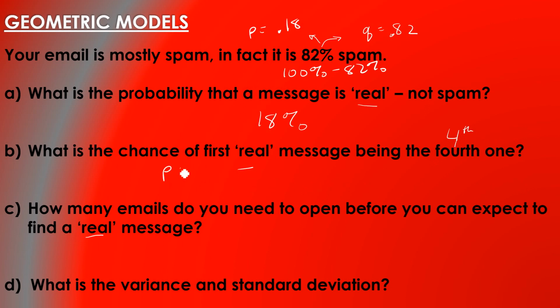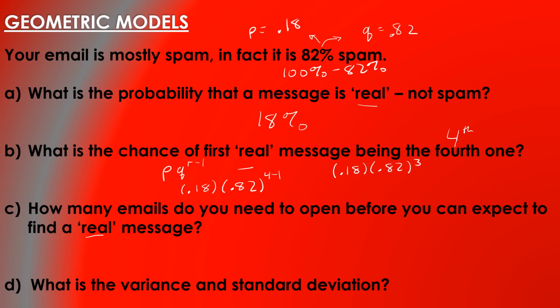So that's going to be this pq^(r-1). So r being 4, we're going to do 0.18 times 0.82 to the 4 minus 1, so to the 3. So we would put in our calculator 0.18 times 0.82 to the third.